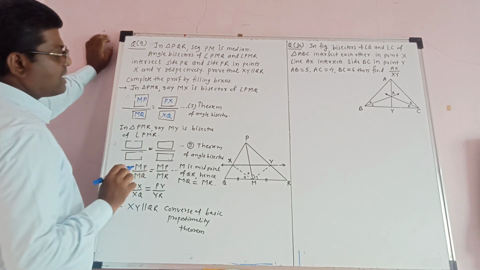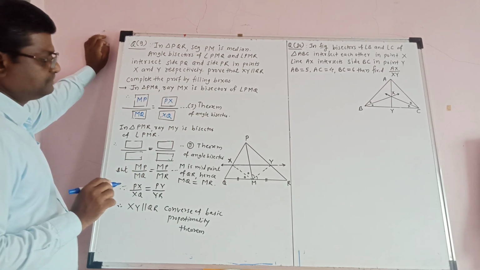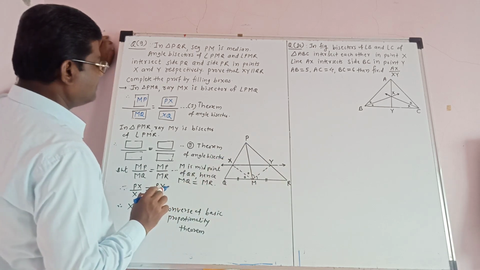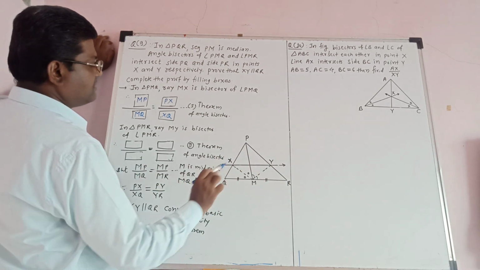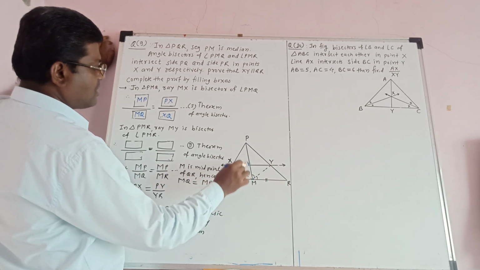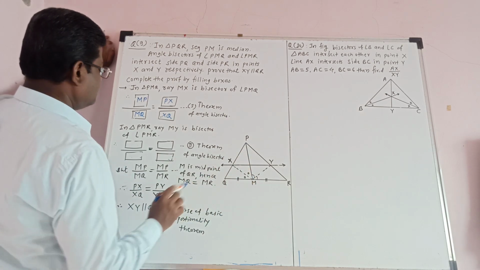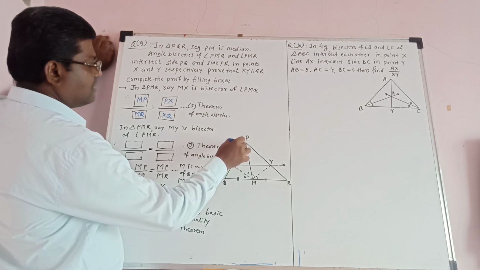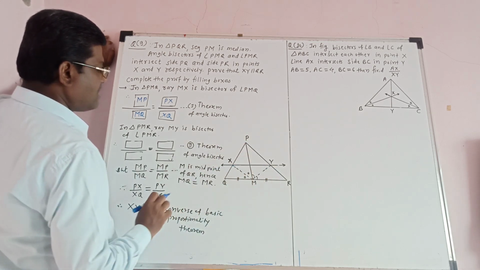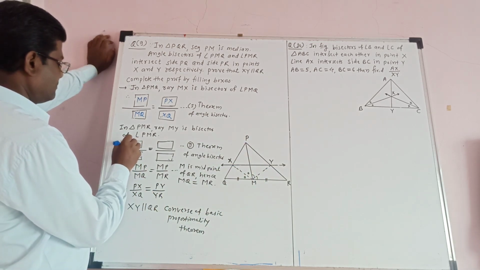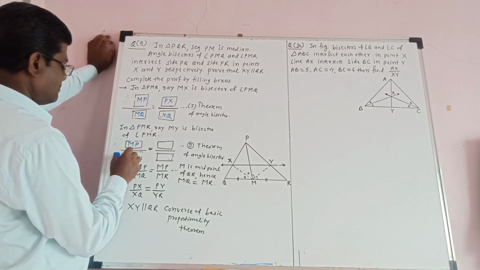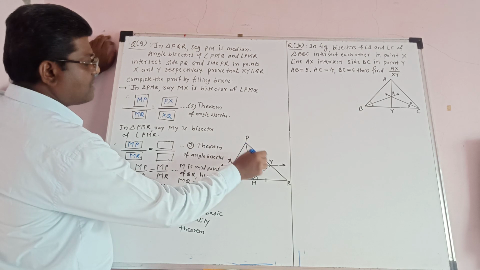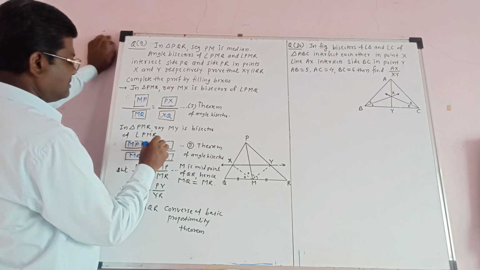This is due to the angle bisector theorem. Now in triangle PMR, MY is the bisector of angle PMR. Therefore we can write MP upon MR is equal to PY upon YR.